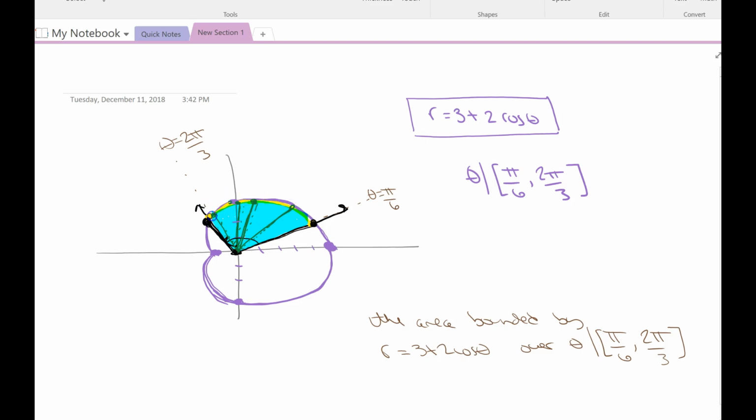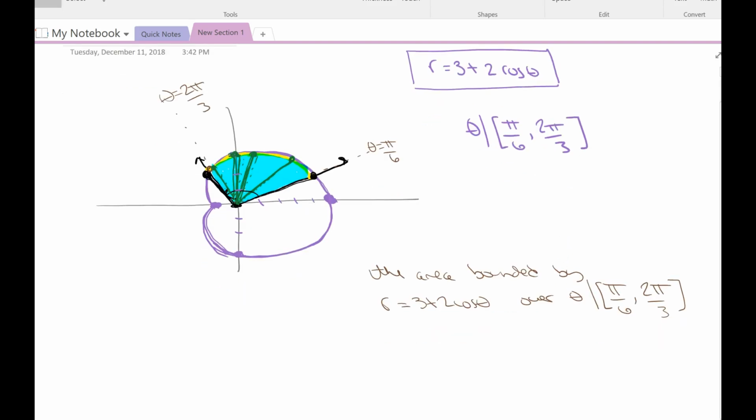And these subintervals are over small changes in theta within the larger interval of theta equals pi over 6 to theta equals 2 pi over 3. If you are curious about how this relates to a limit of a Riemann sum and how we derive the area of a polar curve, I'm going to do that right after I show you what the integral expression is.